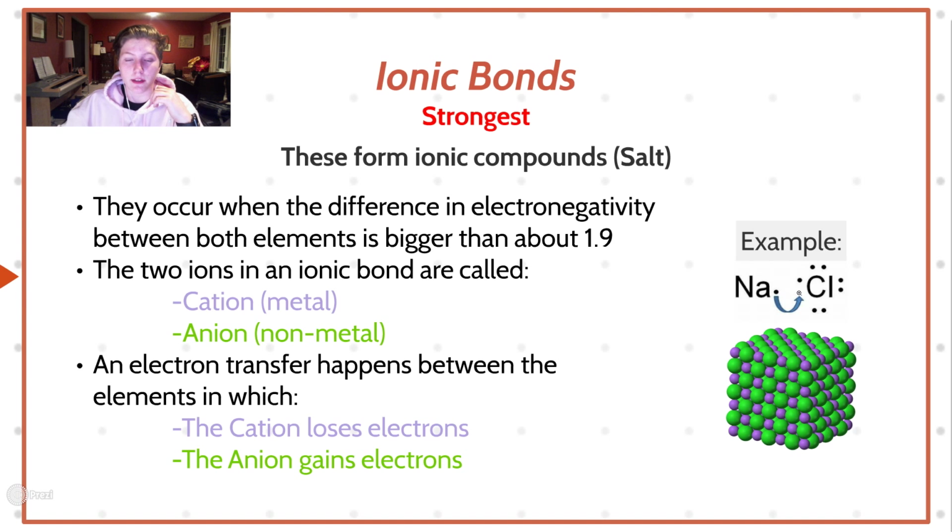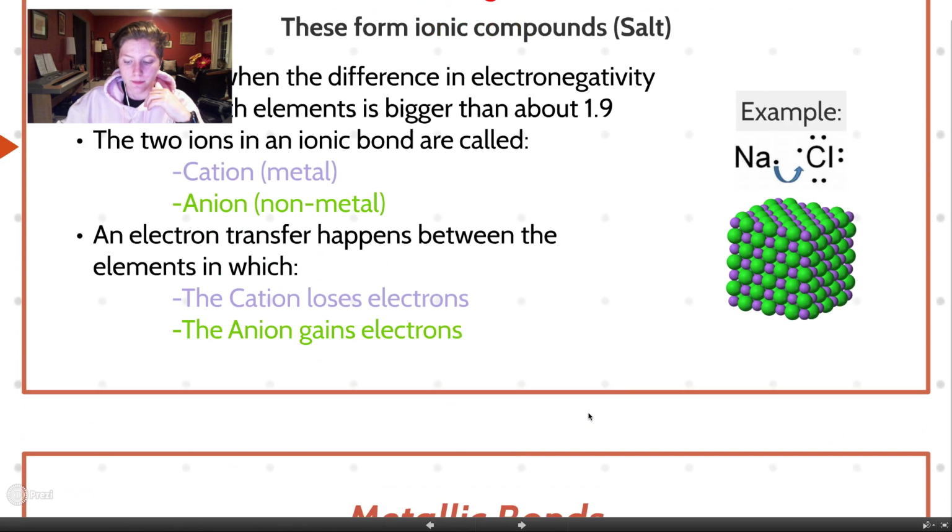That's what keeps them together. The two ions will be called the cation and the anion, the metal and the nonmetal, so in this case sodium and chlorine. And the cation will lose an electron and the anion will gain an electron, and that keeps them together.